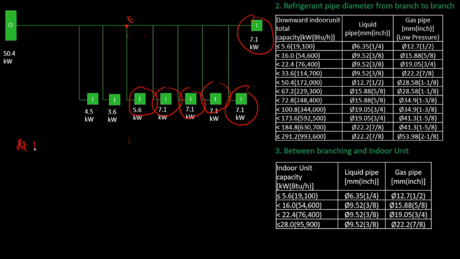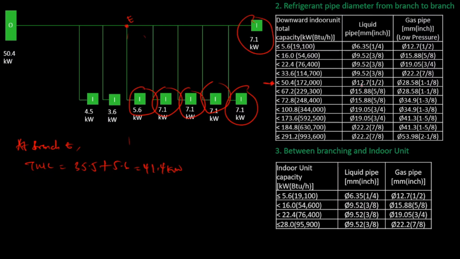So at branch E, TIUC, that's total indoor capacity, is equal to the last thing we got, 35.5, plus 5.6 now, and that will give us 41.4 kilowatts. And we know that 41.4 kilowatts is still between 33.6 and 50.4, so we're still choosing this.